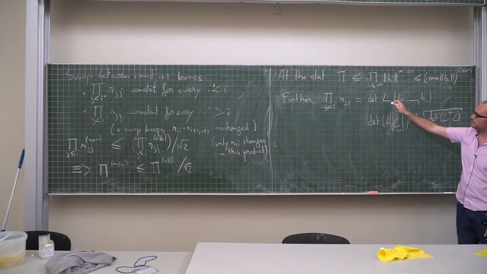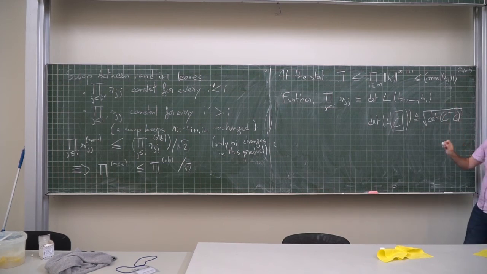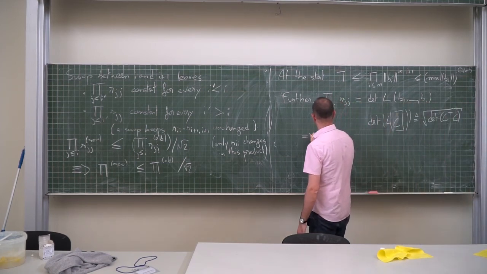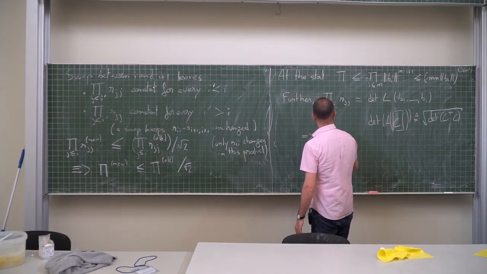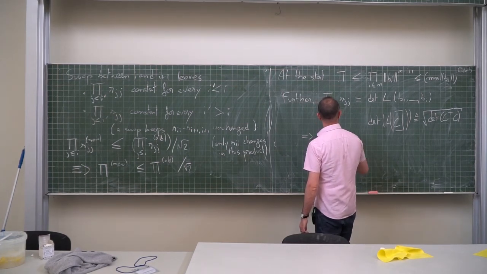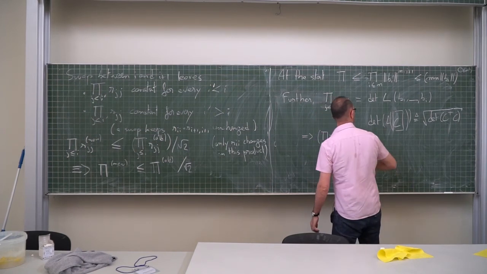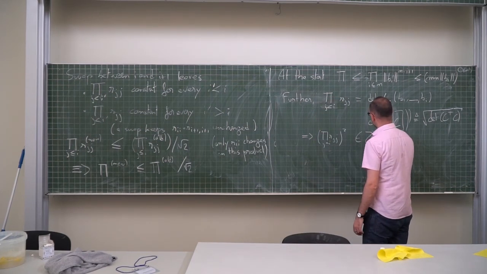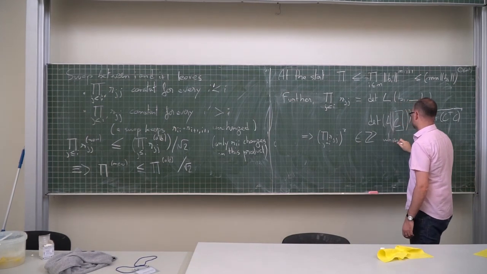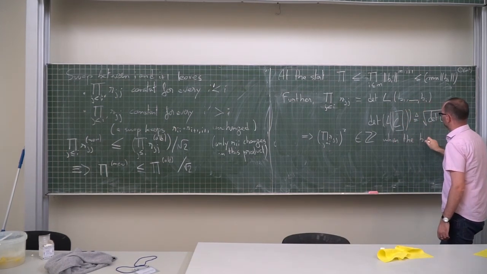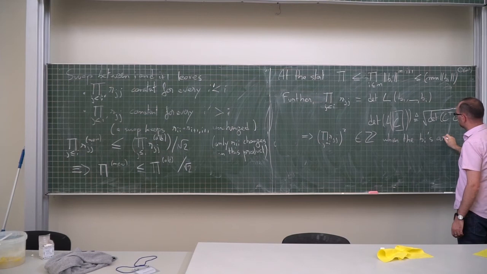This implies that the product of the R_jj, j smaller than i, squared is in Z when the b_i are integral.